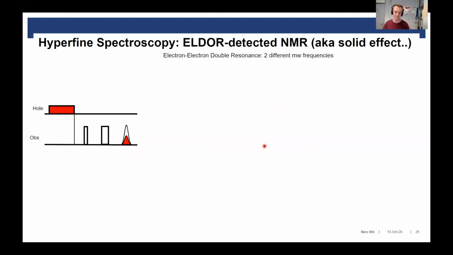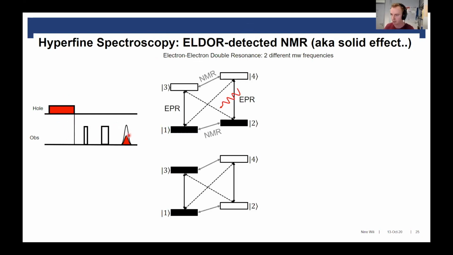So you can use this in different ways, and the first one is easy to understand, I think. This is ELDOR-detected NMR. We use 2 microwave frequencies, and it just uses this solid effect. So we burn a hole, and then we detect the electrons at a different frequency.